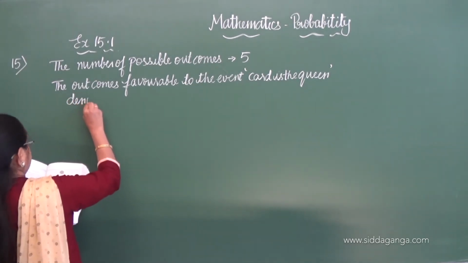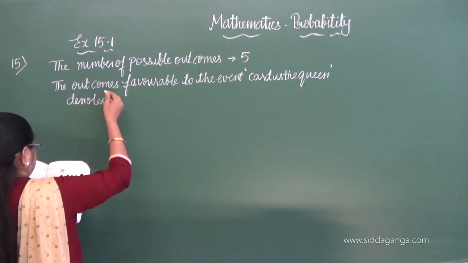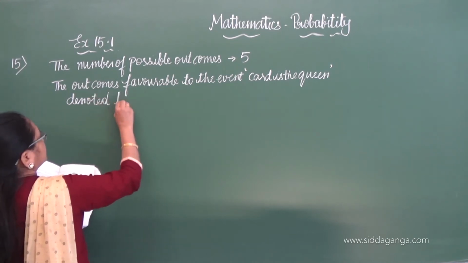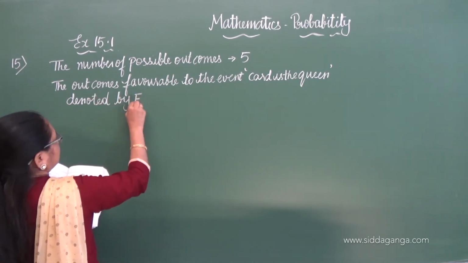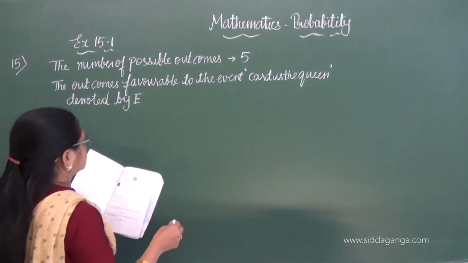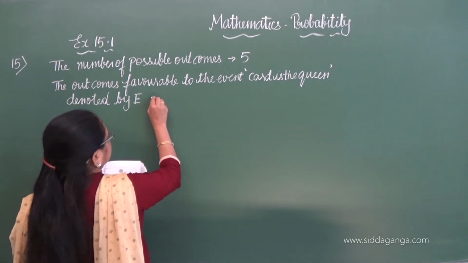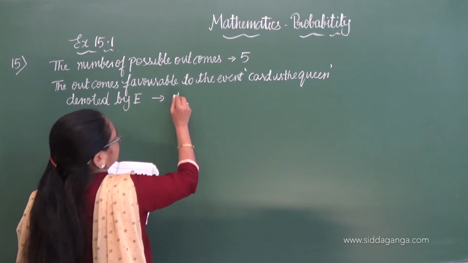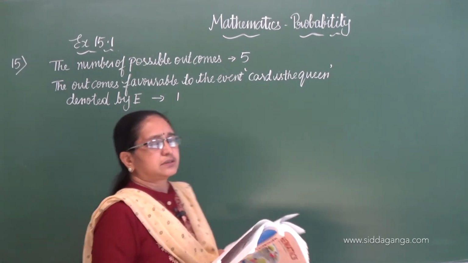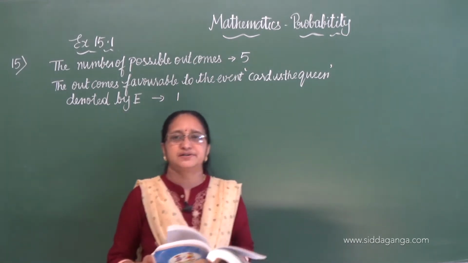Denoted by, as I told you earlier, you can denote it by any alphabet, say E. If you take E, then it is only 1, because out of 5, 1 card is Queen.